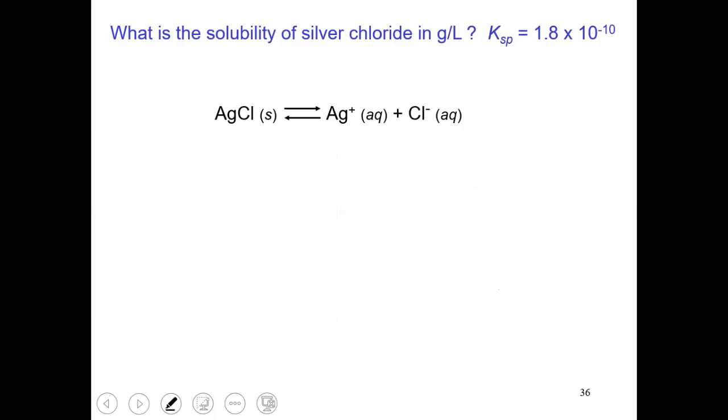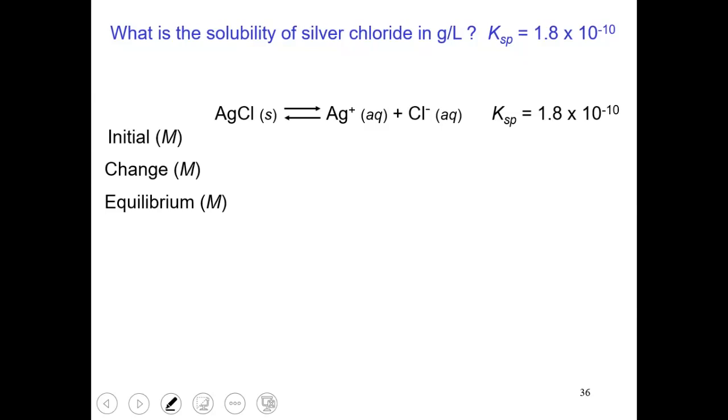Okay, ready? So just like any other equilibrium problem, write out the equation, in this case for the solubility of silver chloride. And we're going to do, of course, ICE. That's right. We're going to do an ICE table here. Remember that in equilibrium, the undissolved solid is not going to play a role. So when you first form a solution, let's pretend you're putting the silver chloride in and you have no silver ions and no chloride ions. Now, there's a change that's going to happen.